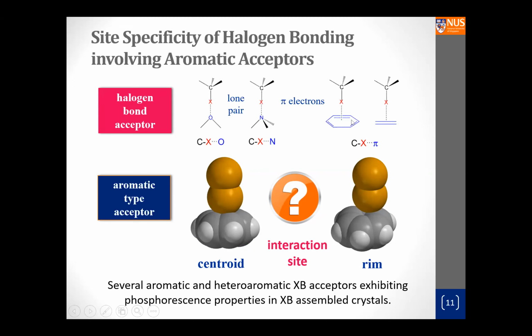But when you have an acceptor that is an aromatic system, that becomes unclear. Is it going to interact with the center of the ring or at the side, which we call the rim? That is the question that needs to be addressed, and that is the reason why I wanted to look at it first.